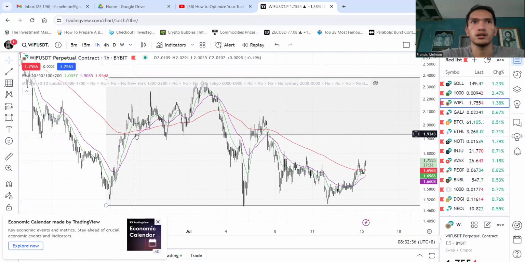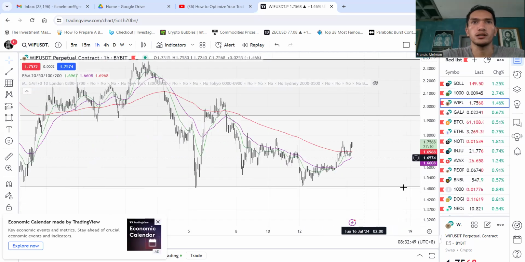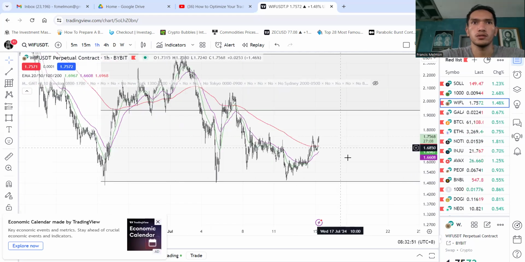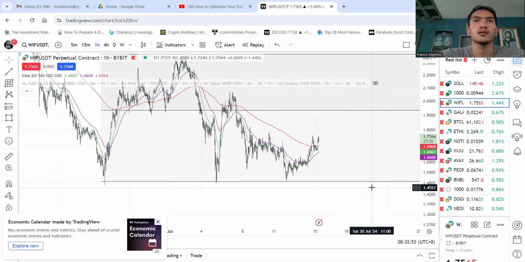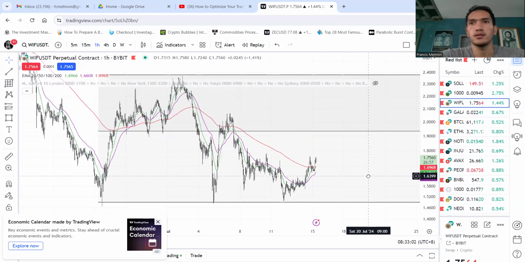You can see in the hourly we have resistance in this area, so we might test this before going down. I'm not saying that this would go down further, but this might have a higher low on this area.